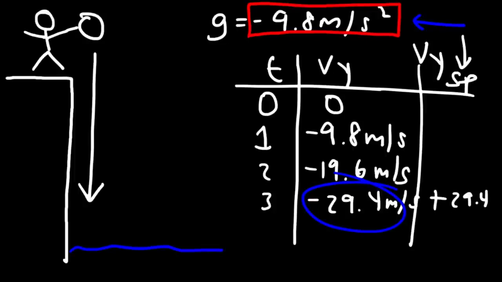So the gravitational acceleration tells you how fast the vertical velocity is changing every second. So on the moon, where G is negative 1.6, if you were to drop a ball, the vertical velocity will decrease by 1.6 meters per second every second.